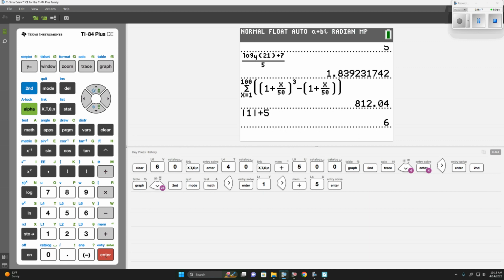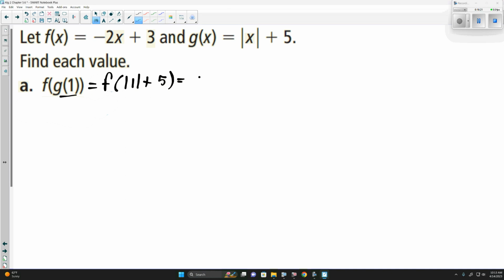So the absolute value of 1 plus 5 is 6. Because the absolute value of 1 is just 1, plus 5 is 6.